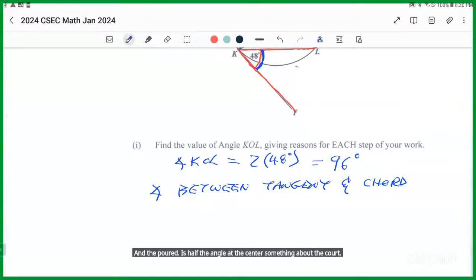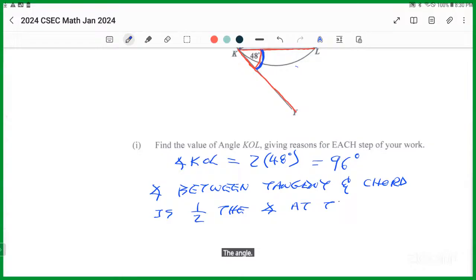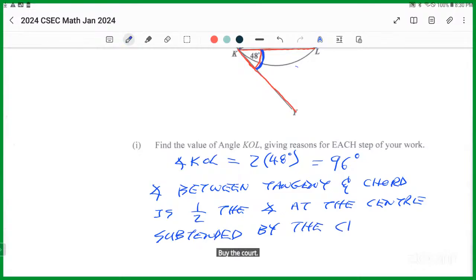Angle between tangent and chord is half the angle at the center subtended by the chord. So basically, shorten the rule.